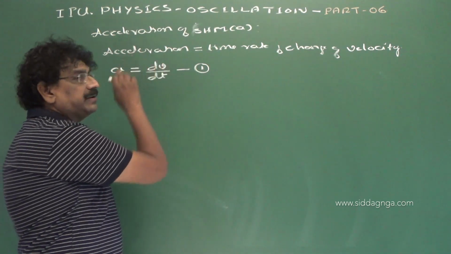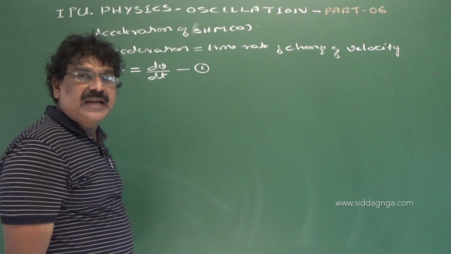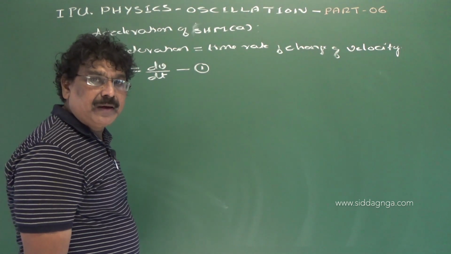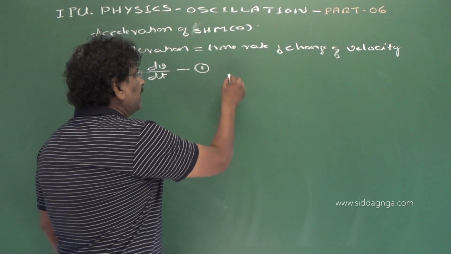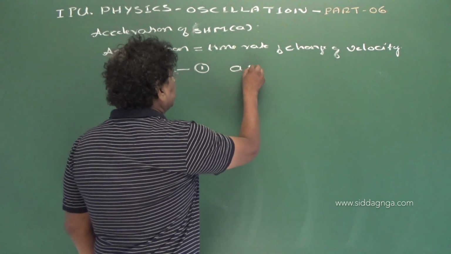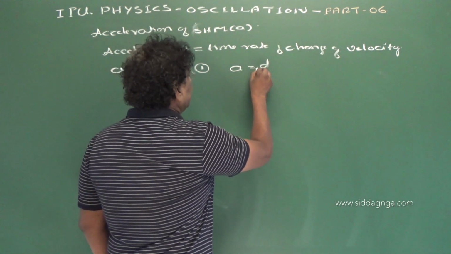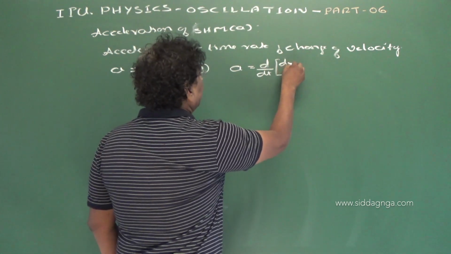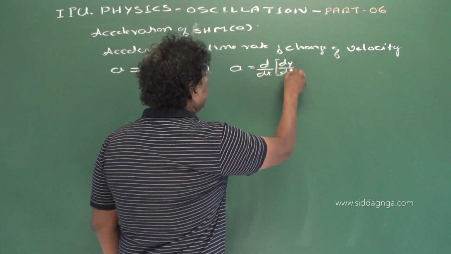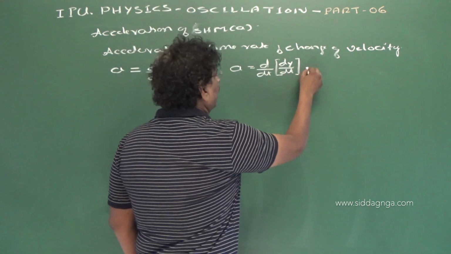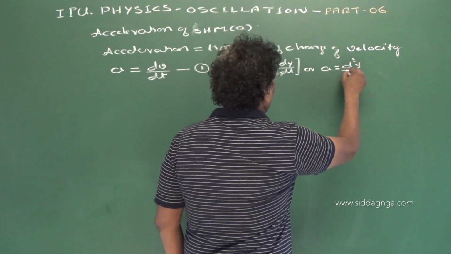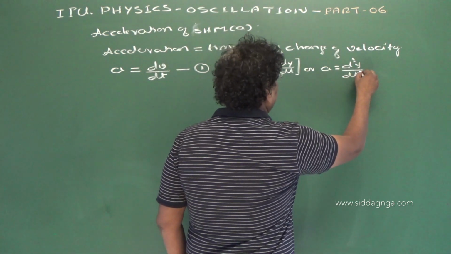But here velocity is the rate of change of displacement, therefore dy by dt. Therefore acceleration is also given by d by dt of dy by dt, or acceleration A is equal to d square y by dt square.